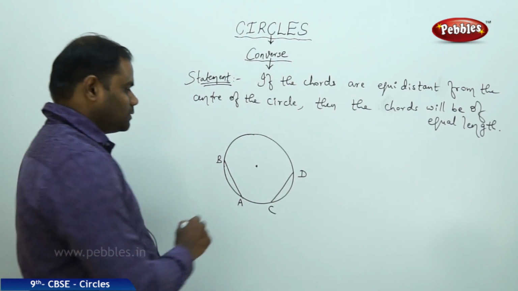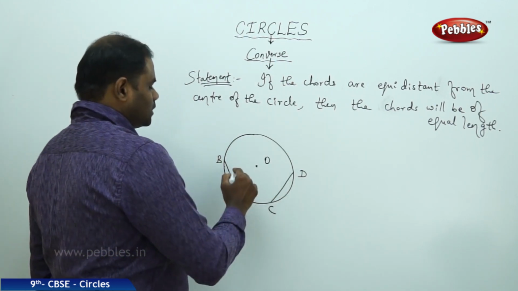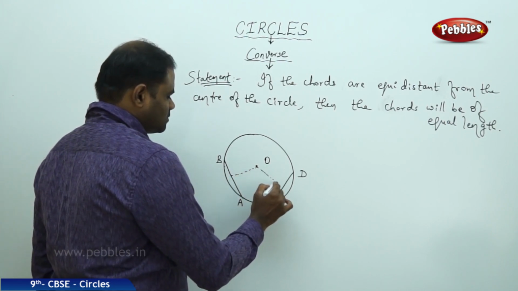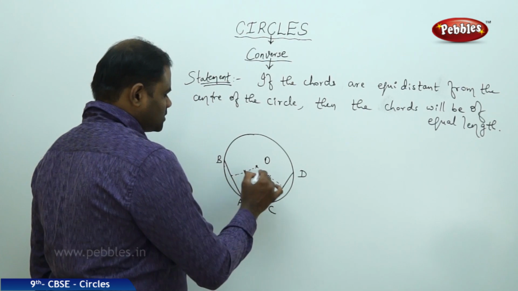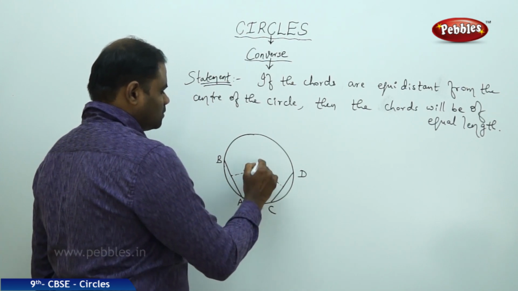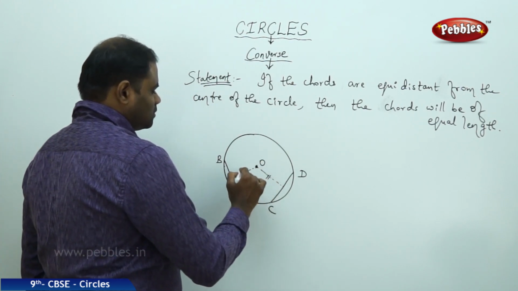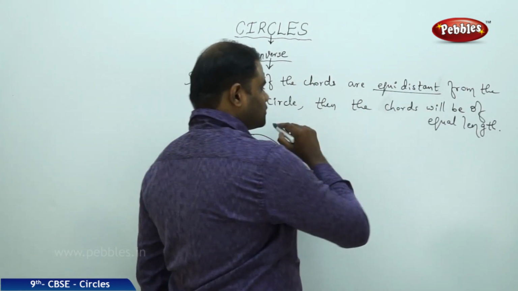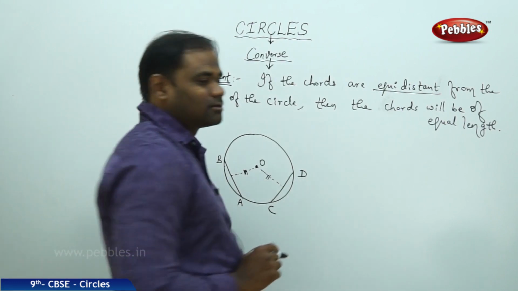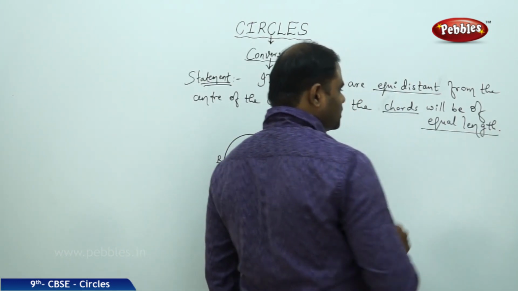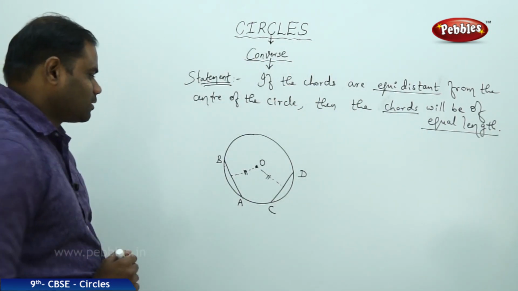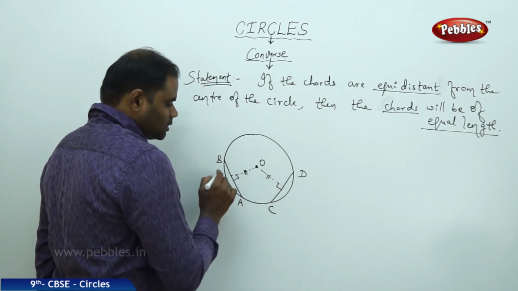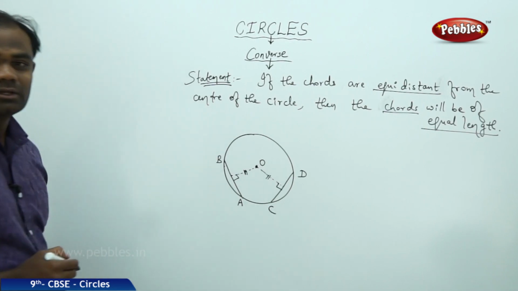Now these two chords are exactly at equal distances from the center O. If the two chords are equidistant from the center of the circle, then the converse says the chords must be of equal length. Now these are equidistant, therefore the chords must be equal.